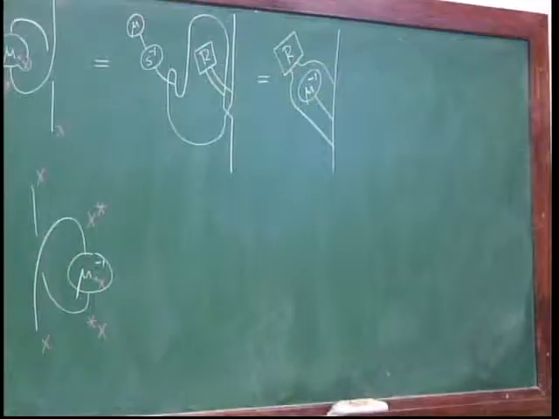The axiom, the S inverse of S, is equivalent. S is an algebra anti-homomorphism. And therefore, if S of A equals B, then S of A inverse is B inverse. And then S inverse of B inverse is A inverse.